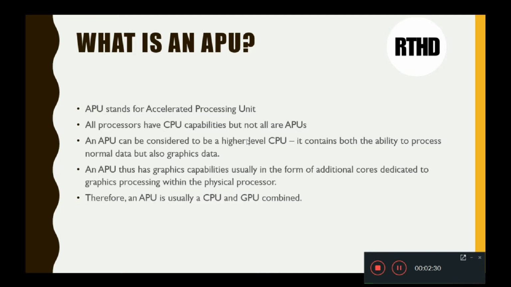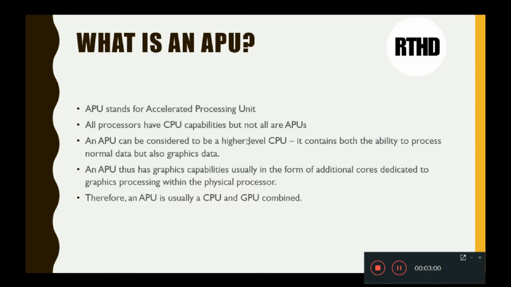So the next thing is, what is an APU, which is something sort of more newer age in technology. APU stands for Accelerated Processing Unit. All processors have CPU capabilities, but not all are APUs. So an APU is a processor, and therefore it can do CPU processing, but an APU is more than just a CPU.